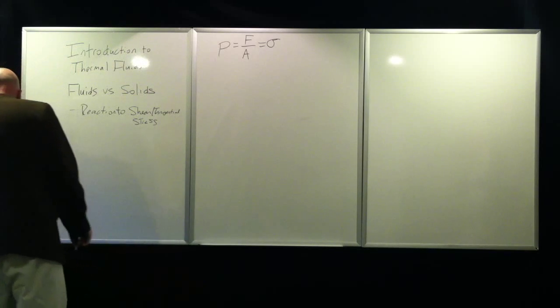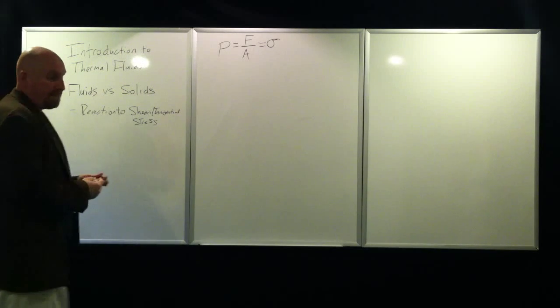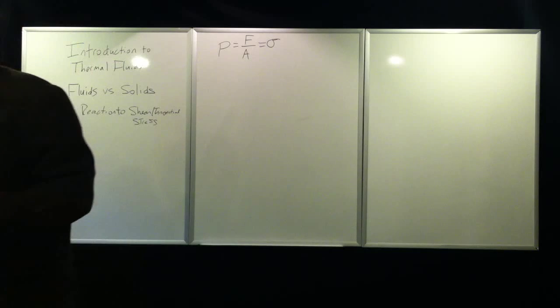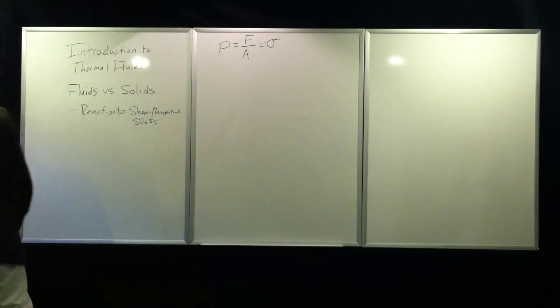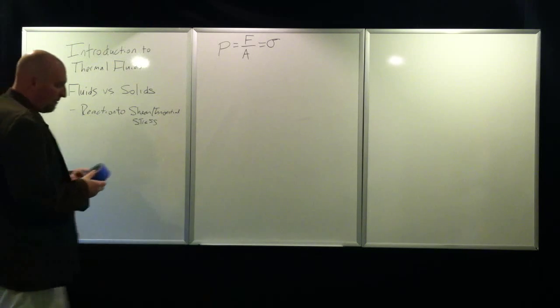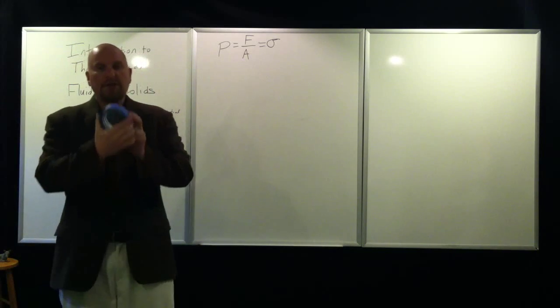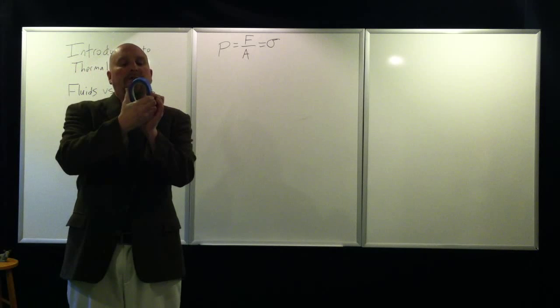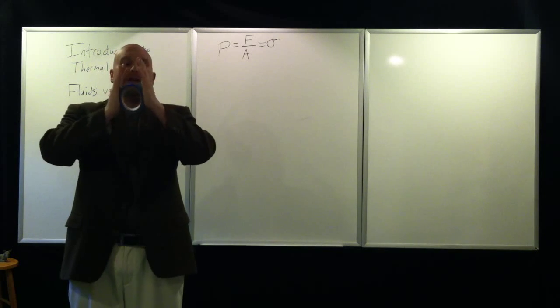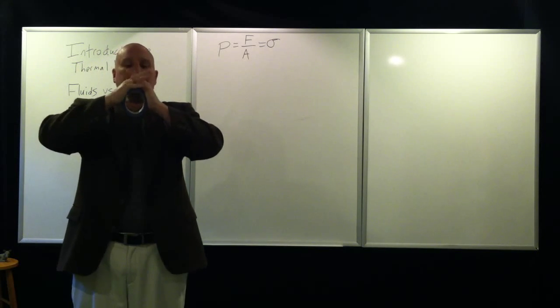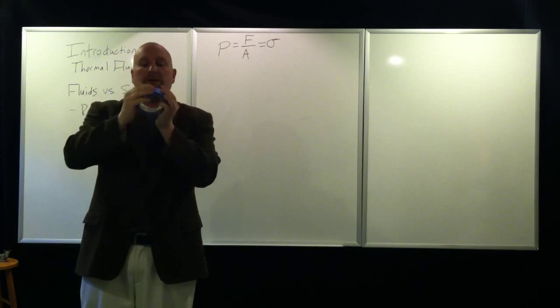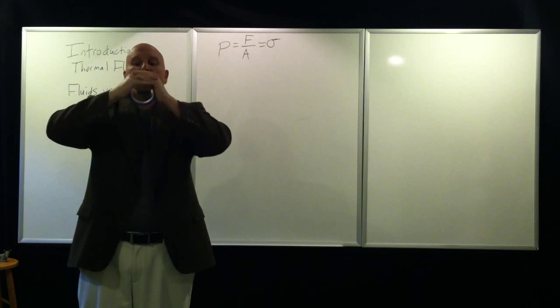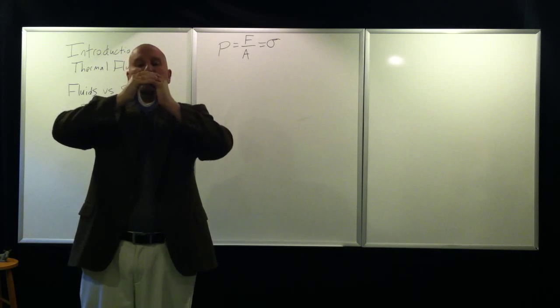Let's look at what that's going to be. If we have a stress that is perpendicular, we'll see the deformation that we get. So here we go. Apply a force over an area, and you see I get a deformation, how the solid reacts to normal stress, perpendicular.